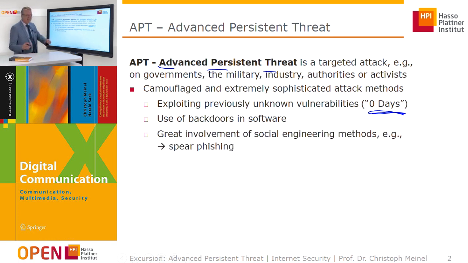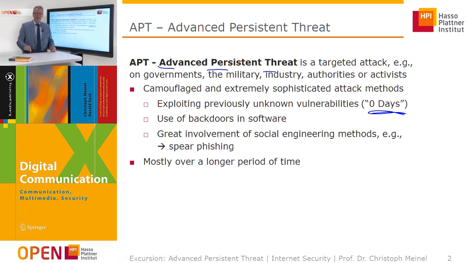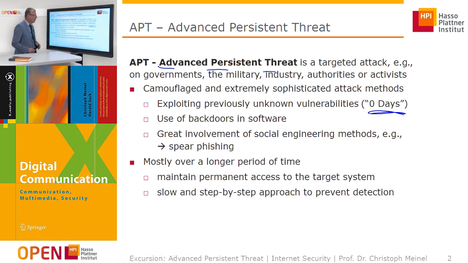The characteristic of these APTs is that there is a great involvement of social engineering methods. For example, spear phishing, this very dedicated phishing attack on a person after a long period of spying out this person. Mostly such APTs run over a longer period of time.